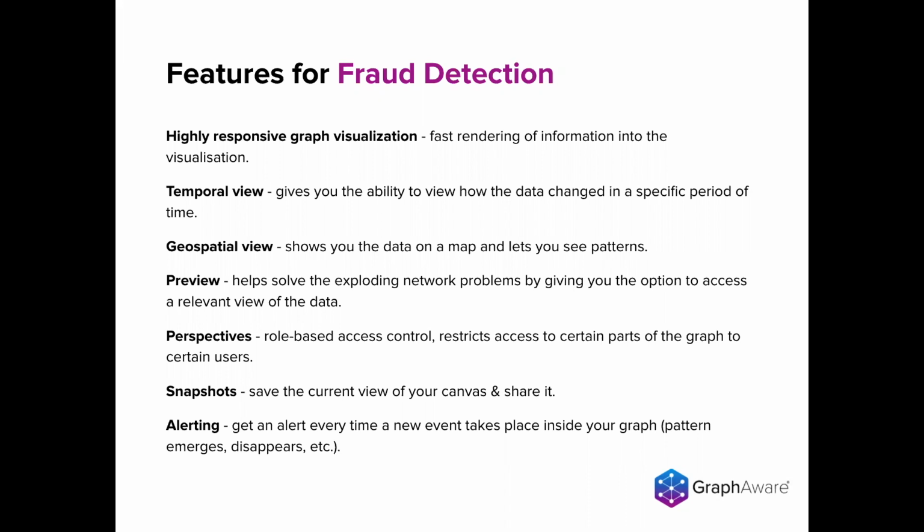Another way of achieving focus for the analysis is to use perspectives in Hume. They let you create a view on a data set, and by tailoring which types of data you want to show and which types of relationships you want to show in this perspective.